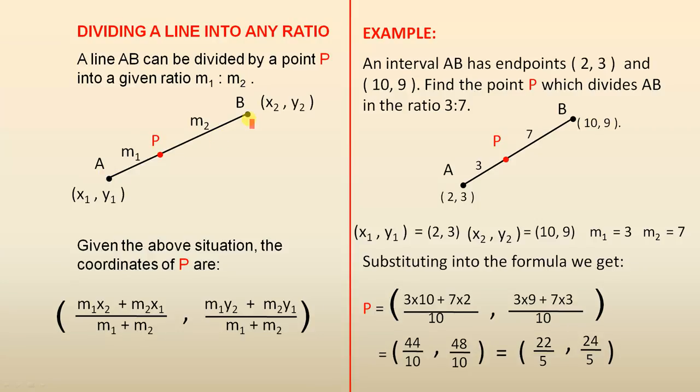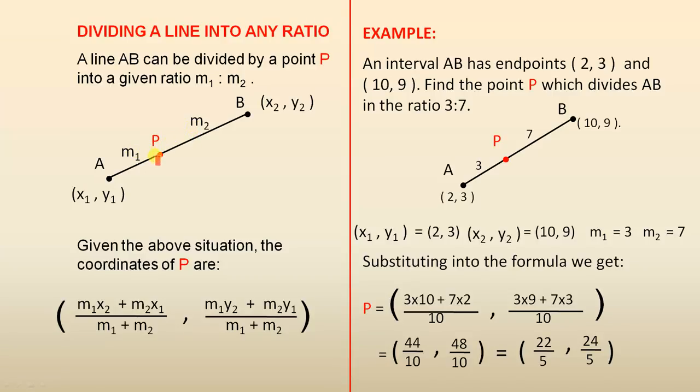The coordinates of this point here are x1, y1. The coordinates here are x2, y2. Here is the point P, and this point P divides the line in the ratio m1 is to m2.